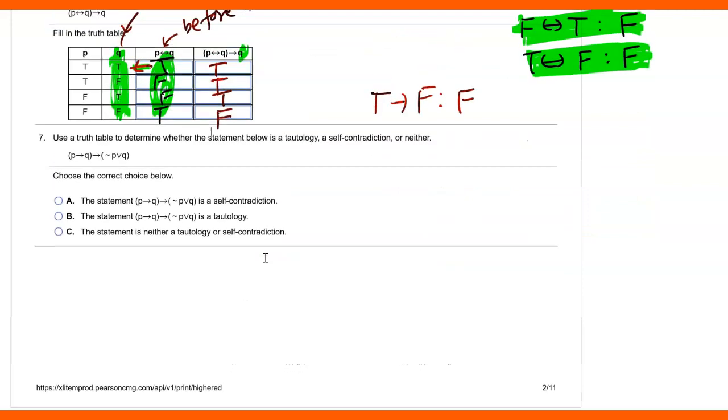Question number 7. There is no truth table you have to fill in, but you have to find whether this statement here is a tautology, a self-contradiction, or neither.